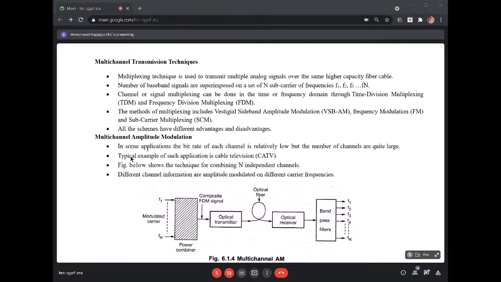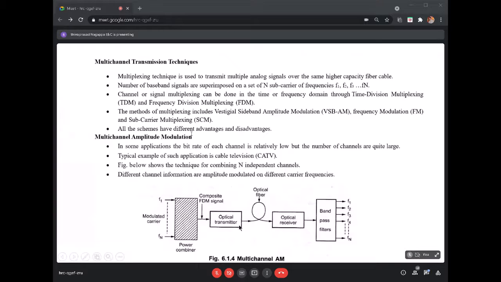FM requires a larger bandwidth compared to AM, because it provides a higher SNR and is much less sensitive to source non-linearities. Whereas AM is a very simple, primitive technique, and it is cost effective compared to FM. A typical example is again CATV, that is cable television.